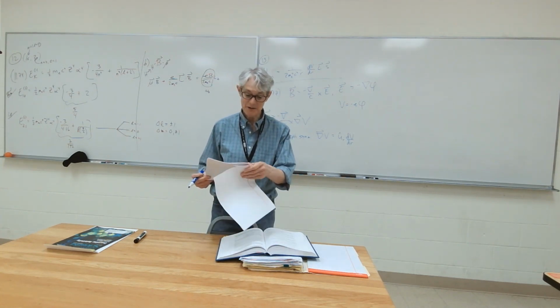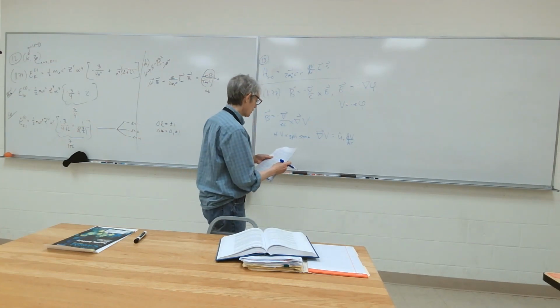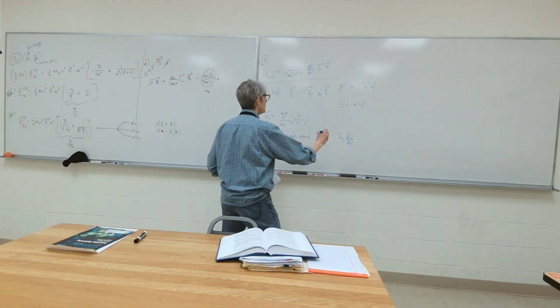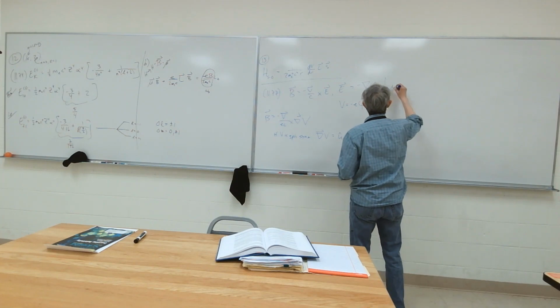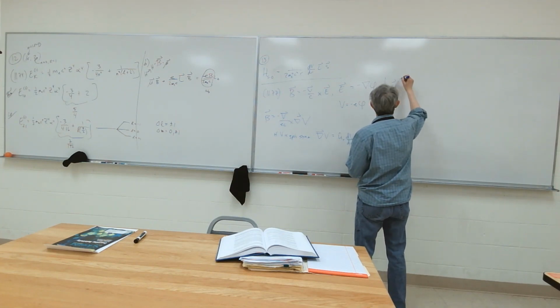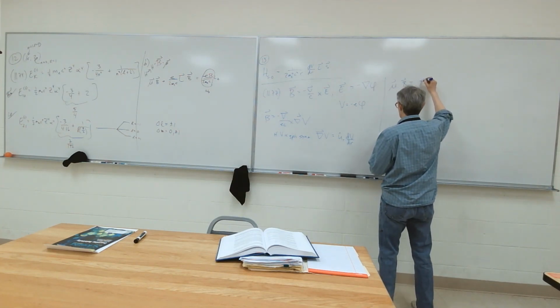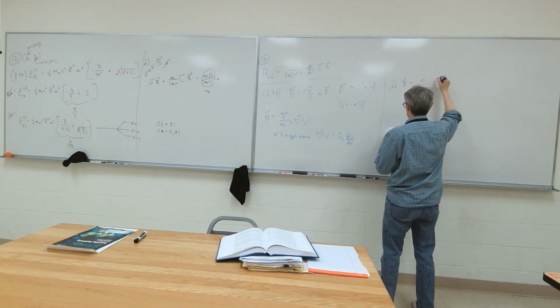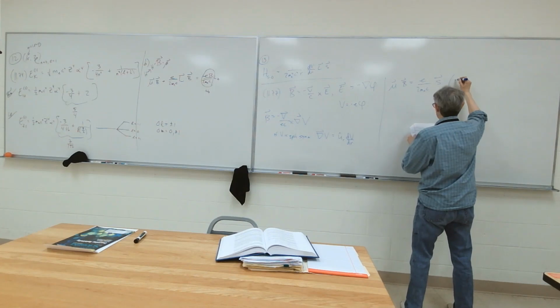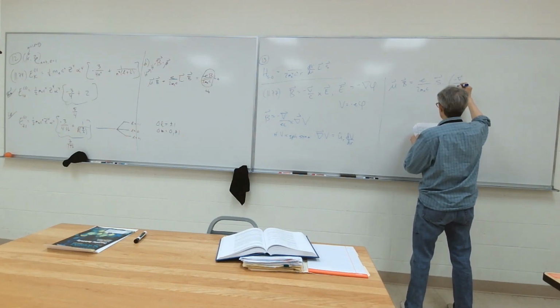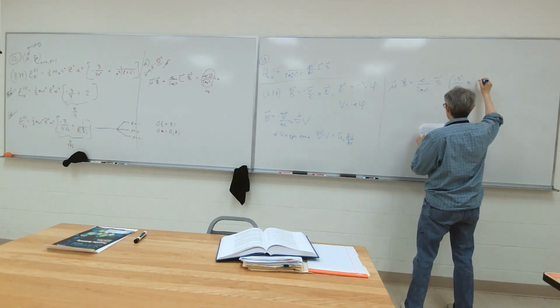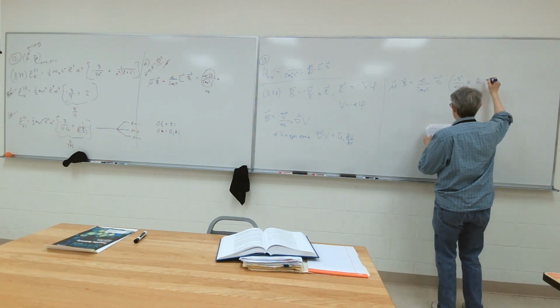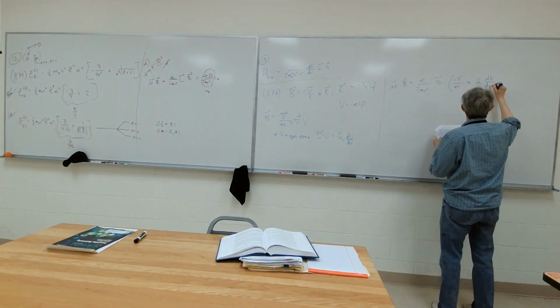So mu dot B is e over 2 m_e c, S dot minus v over ec crossed into r-hat dV/dr.